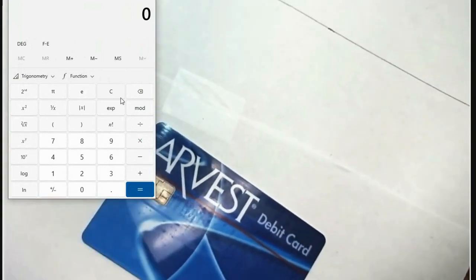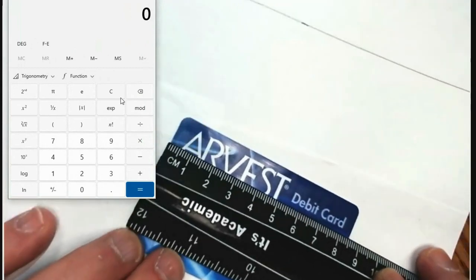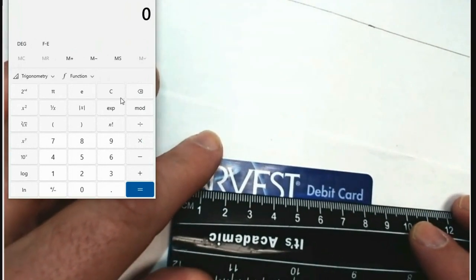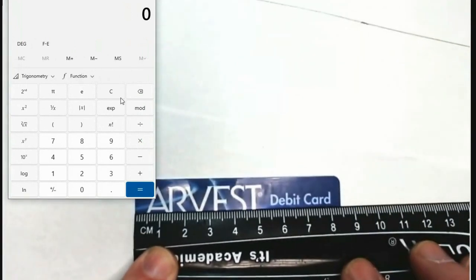So I'm going to take my debit card and I'm going to see exactly how long this is in millimeters. All right. So let's turn it that way. This is, get this straight, 85 millimeters long. Because that's not really straight for you guys, but 85.